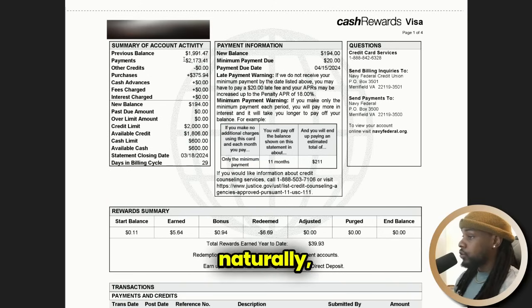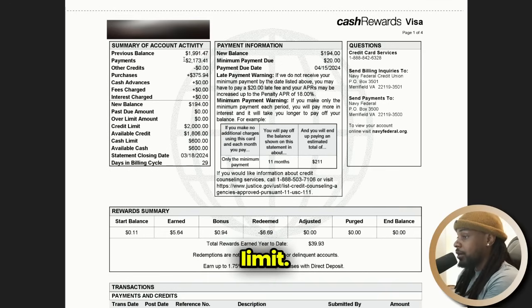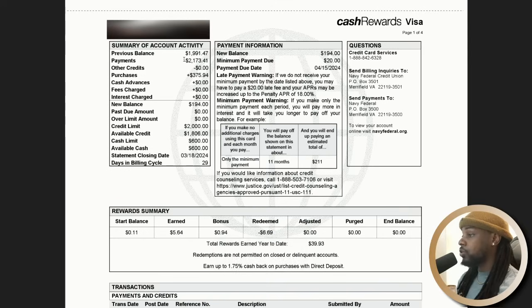So naturally, banks are going to think, okay, if he can pay the full amount of this credit limit and it's always almost hitting the limit, we can increase that credit limit.